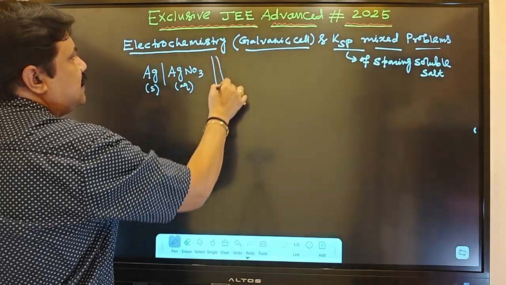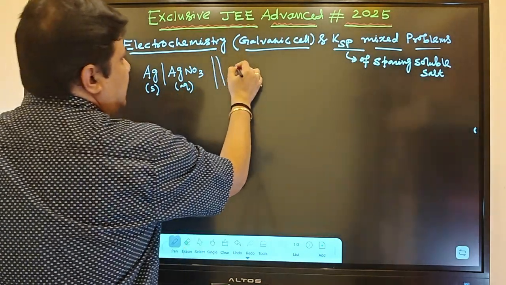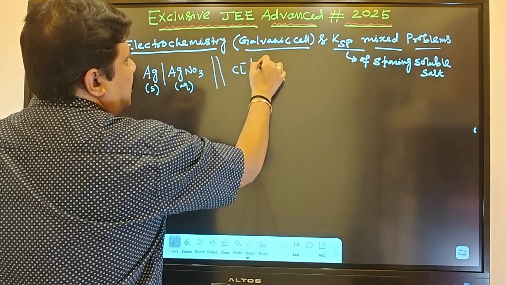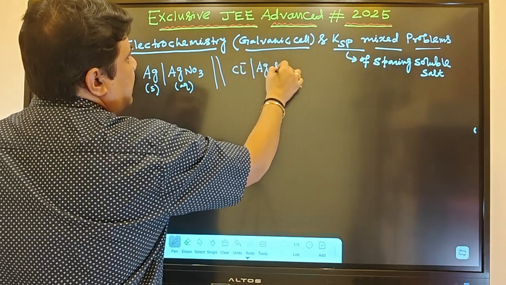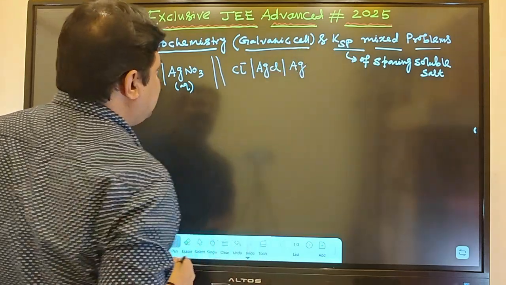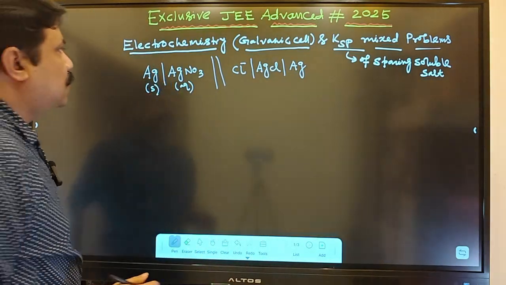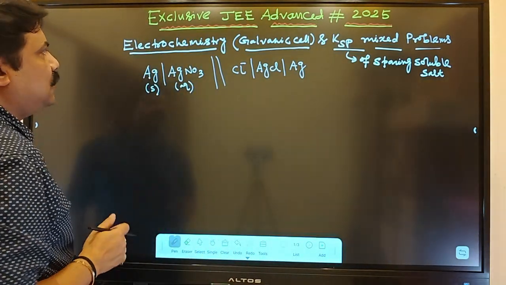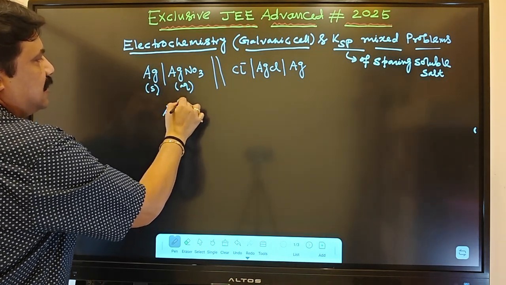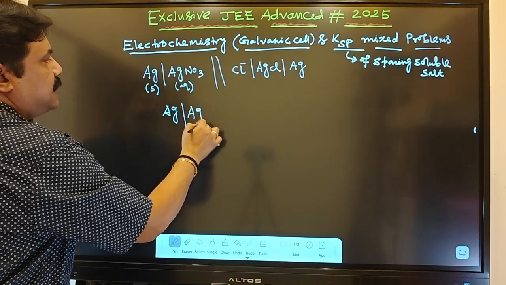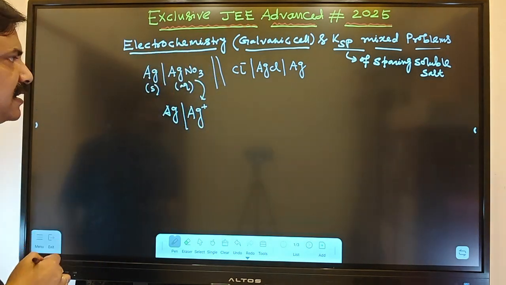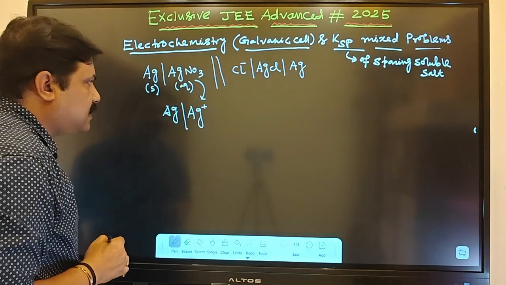Then there is a salt bridge, and on the other side they utilize a soluble anion, a sparingly soluble salt, and the metal, so this is another kind of electrode. If I write these things properly, Ag is converting to Ag plus. This Ag plus is coming from the silver nitrate, which provides it into the solution.